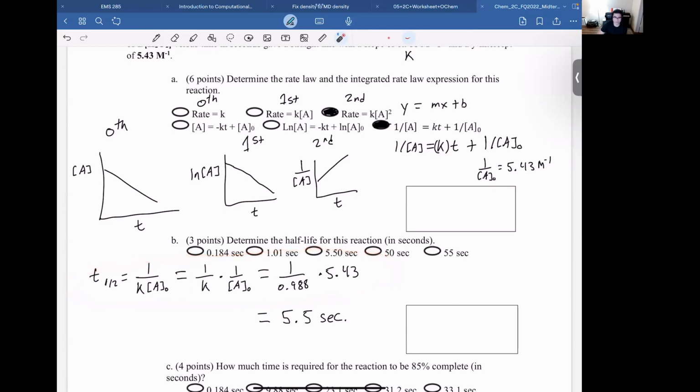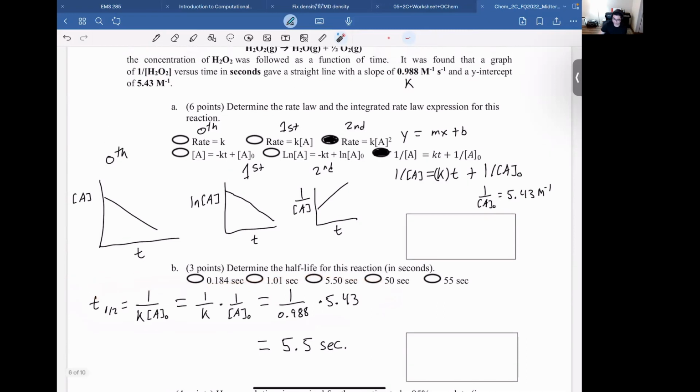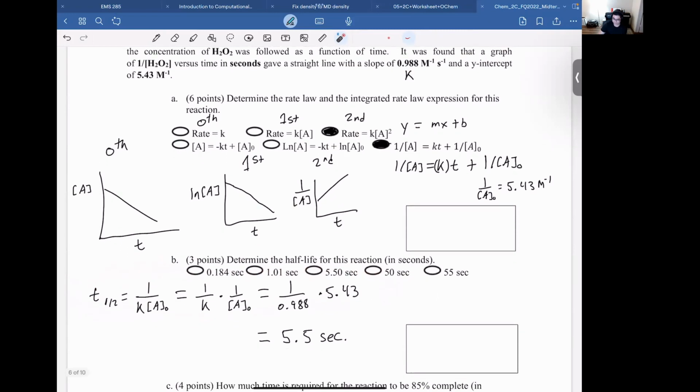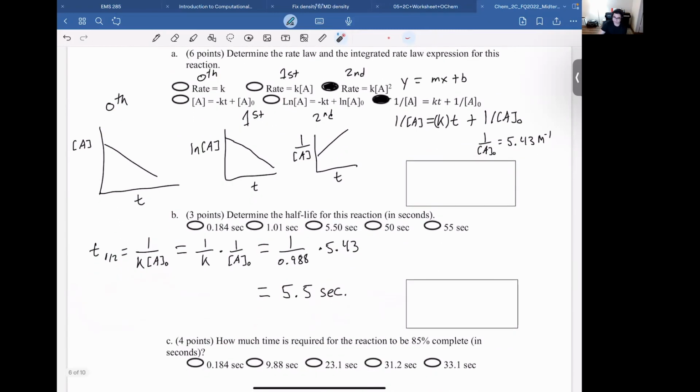Yeah, but he said that to find A, he put the 5.43 under 1 and then got 0.184 and then he multiplied that by the 0.988. So he did 1 over 5.43 times 0.988. Oh, well, I guess yeah.